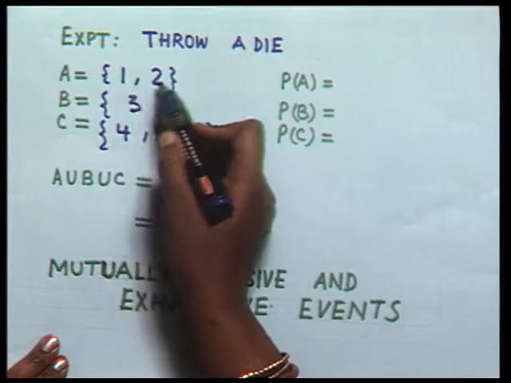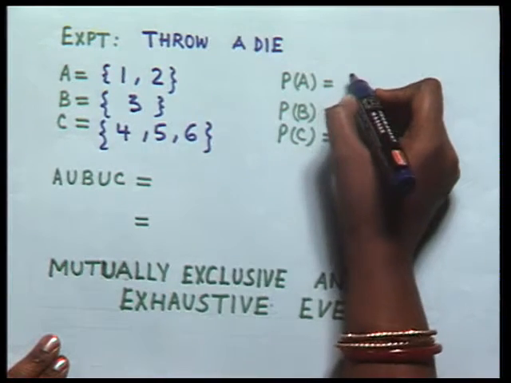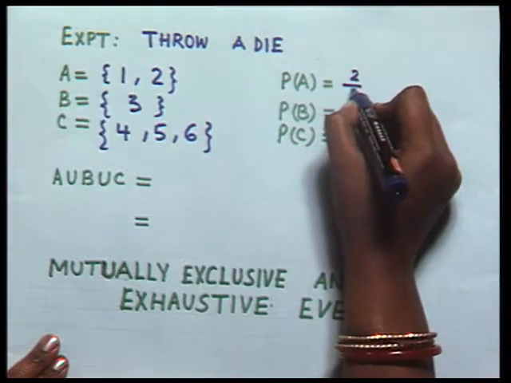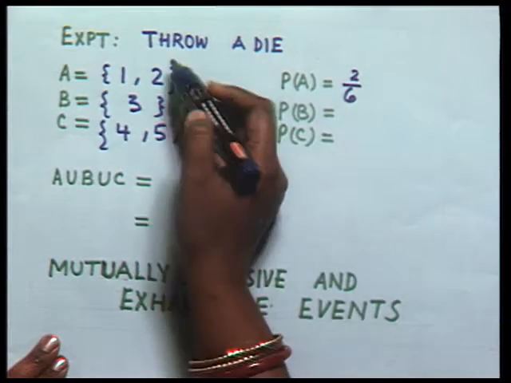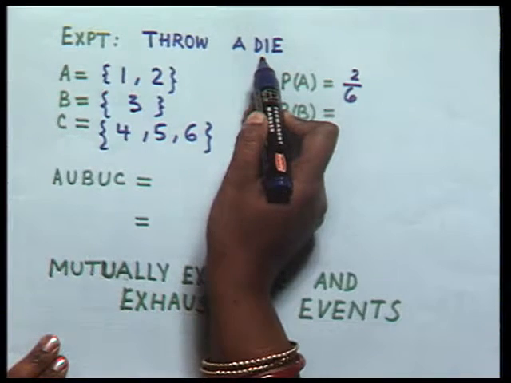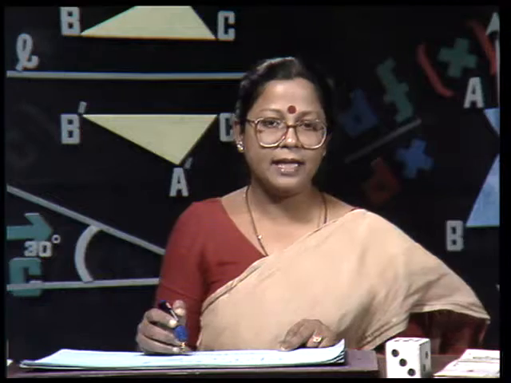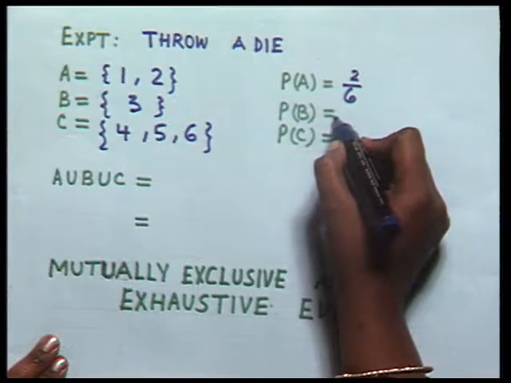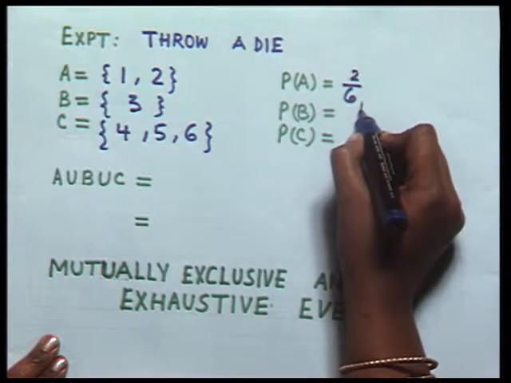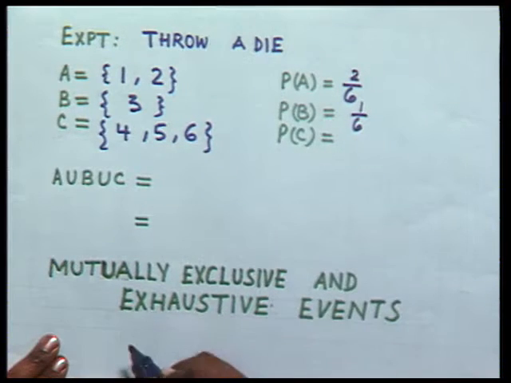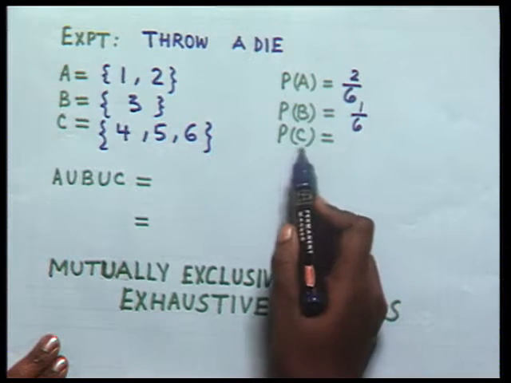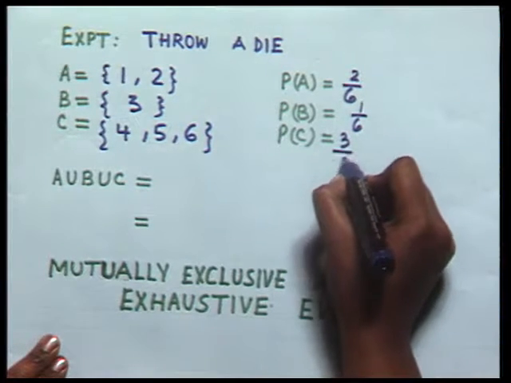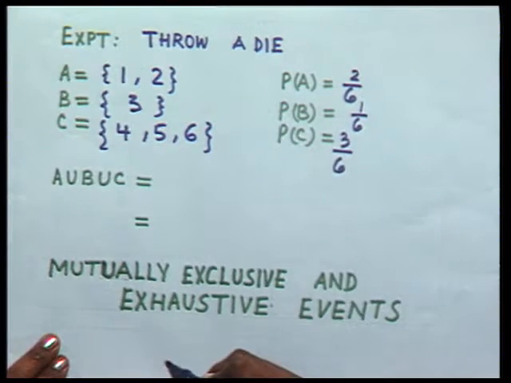Now, since event A has only 2 favorable outcomes, therefore, probability of event A is nothing but 2 upon 6, since this experiment, that is throwing a die, has 6 elements in its sample space. Similarly, probability of event B will be 1 upon 6, and probability of event C is equal to 3 upon 6.